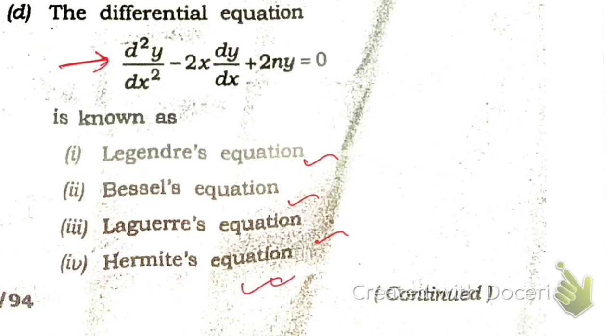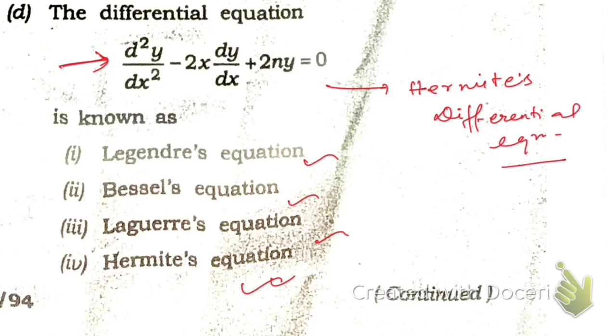That is Hermite's differential equation. So now you see, the fourth option is correct. This is your answer, right? Now let's move on to the next question.